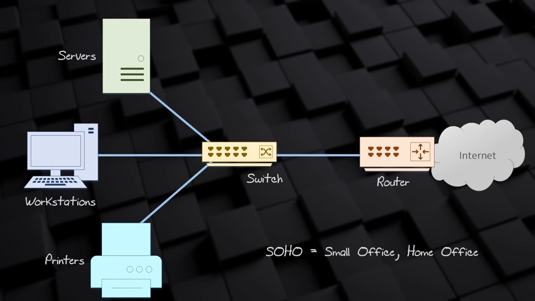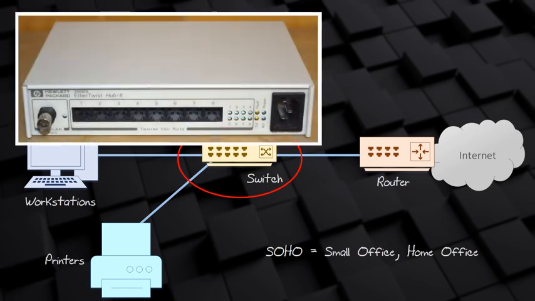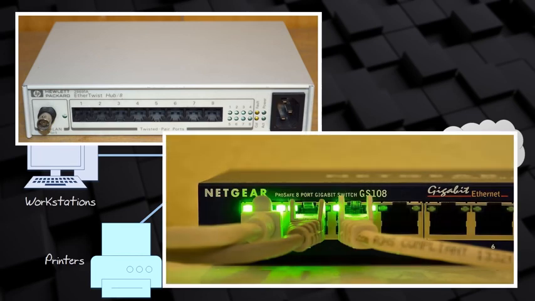This might be a good time to mention that people often say hub when they mean switch. You can see why, of course, as the switch looks like a central hub in a SOHO network. But please keep in mind that switches and hubs are very different things. Hubs are really old technology that you generally don't see anymore outside of a museum, while switches are modern and commonly used.